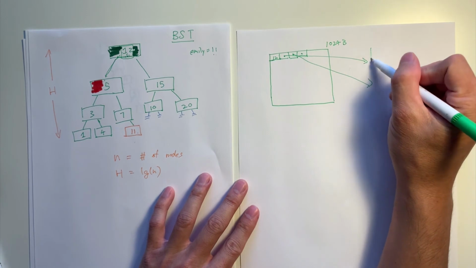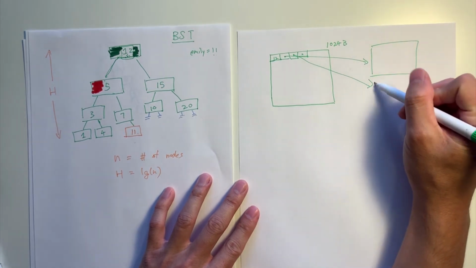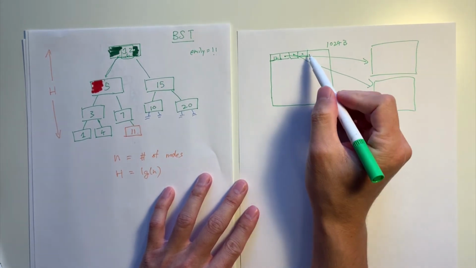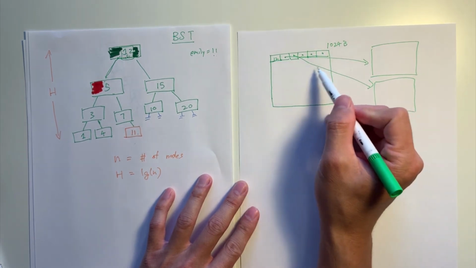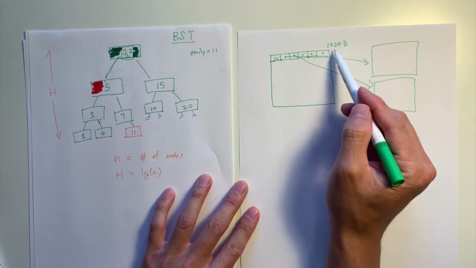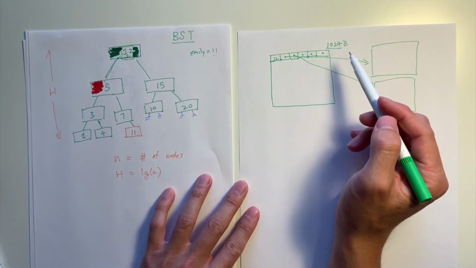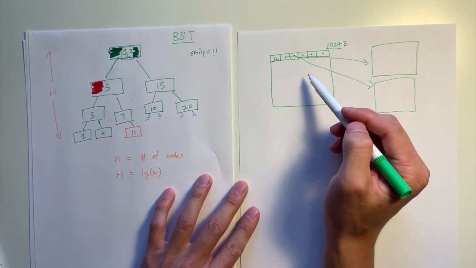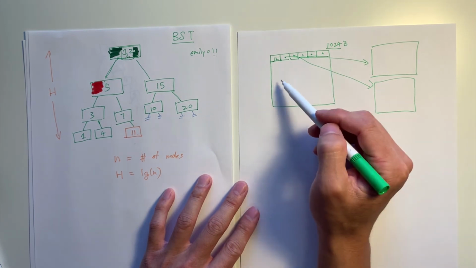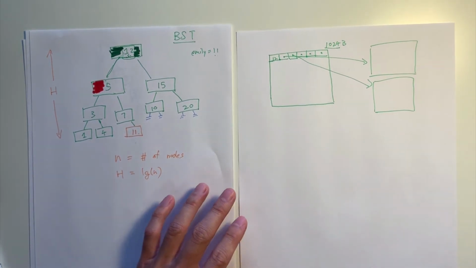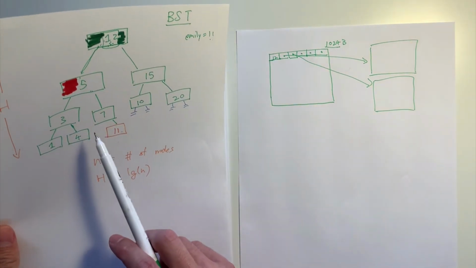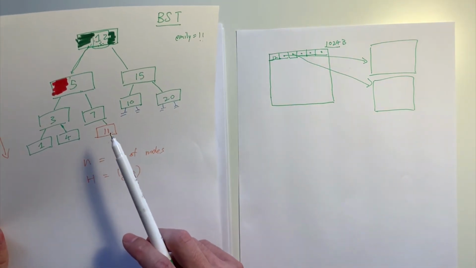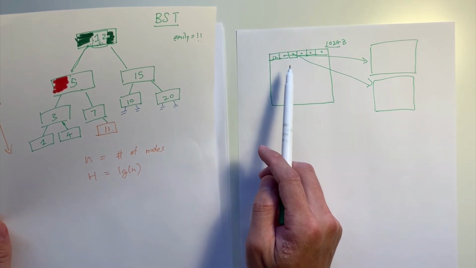Each one of these is going to be a page. And because each one of these is only an address, the fan out could be really, really large. I have 124 bytes here, so I could store a lot of addresses. This could be 100, even 1,000 pointers to other pages. But conceptually, it's exactly the same as a binary tree. It's just that the fan out is much bigger.